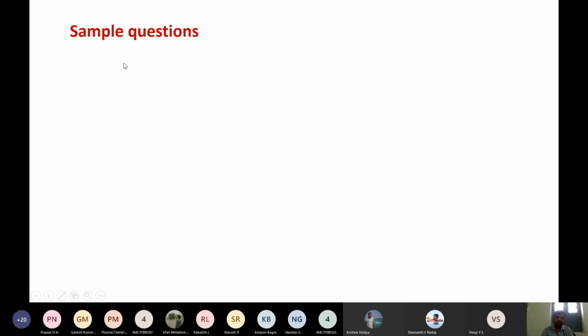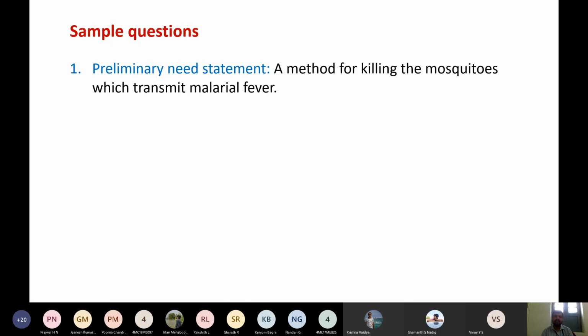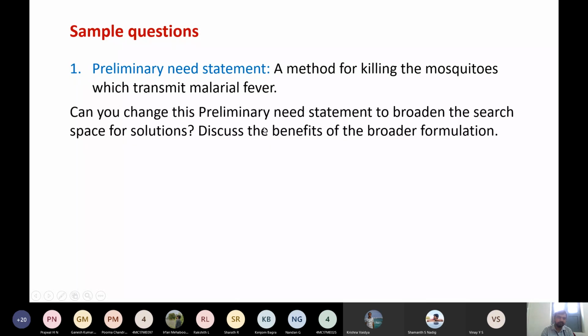These are some of the sample questions. Preliminary need statement: a method for killing the mosquitoes which transmit malarial fever. Next question: can you change this preliminary need statement to broaden the search space for solutions? Discuss the benefits of the broader formulation. In the first class itself, we discussed how a preliminary need statement should be framed.